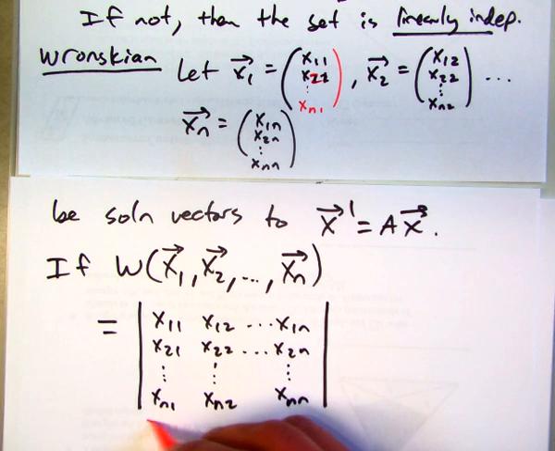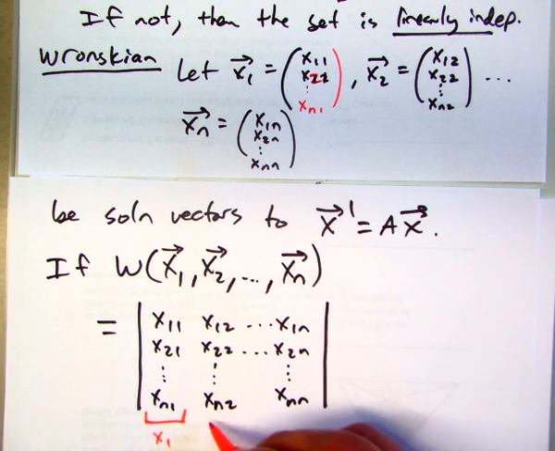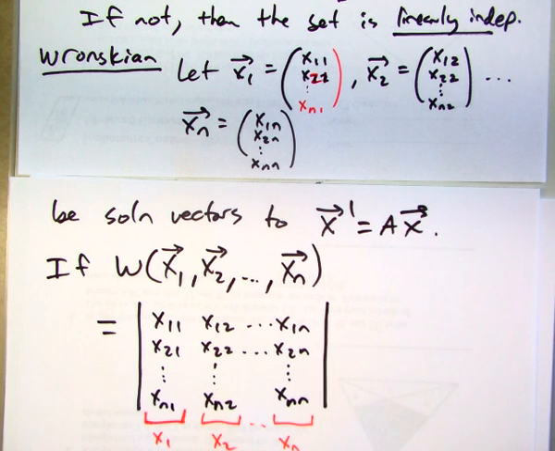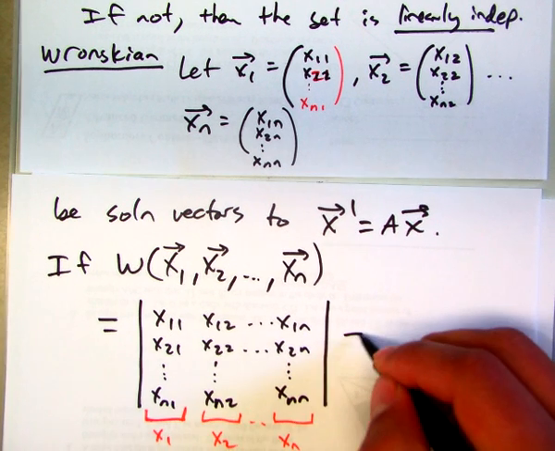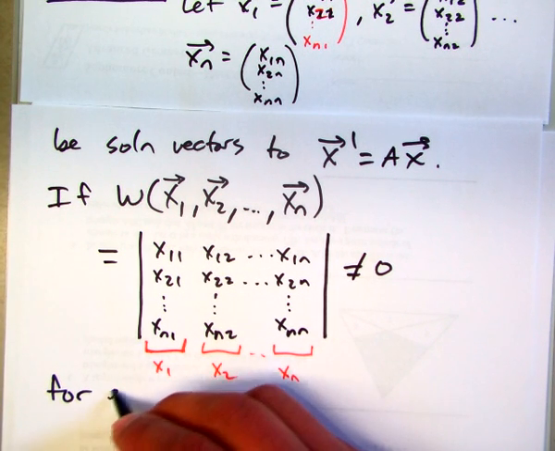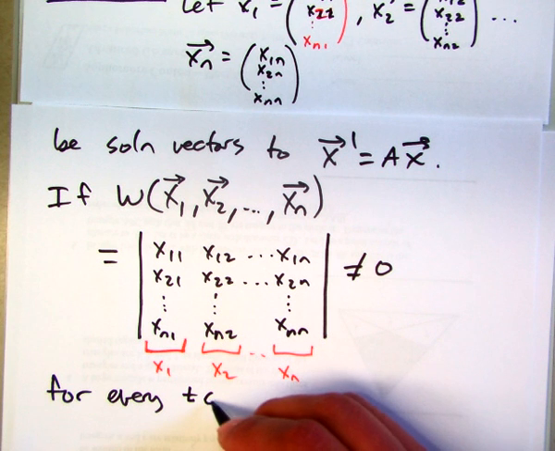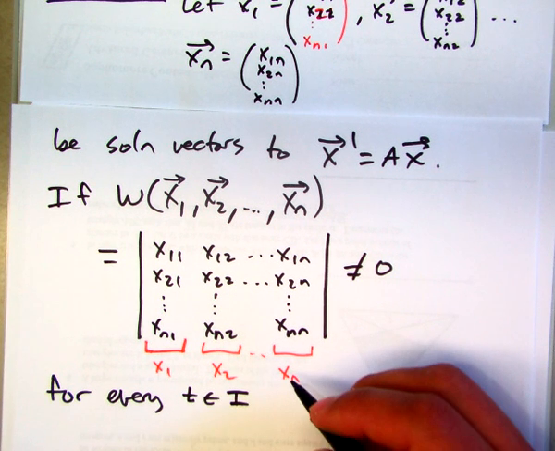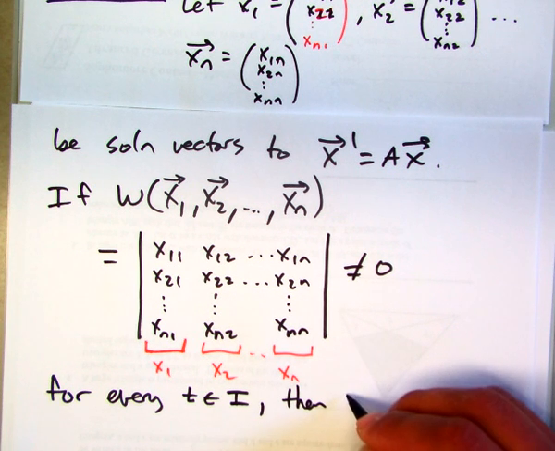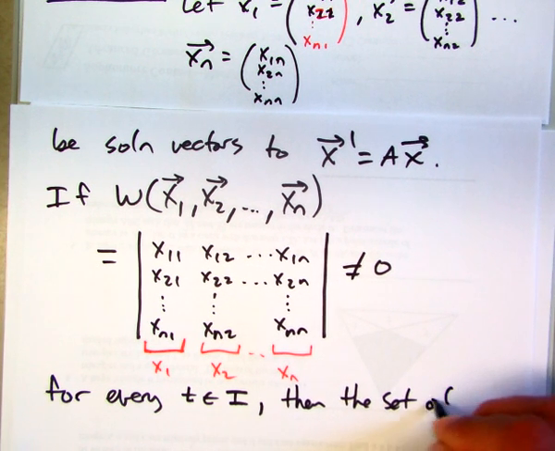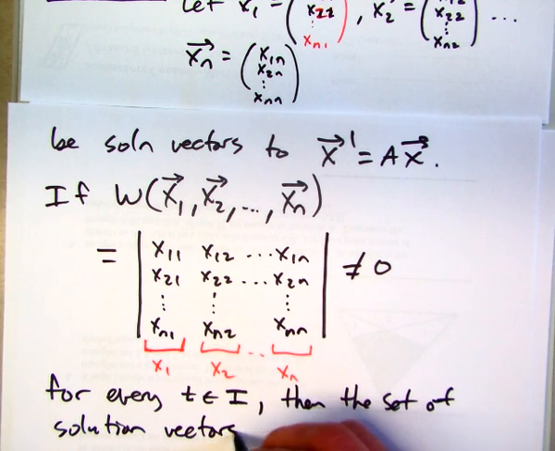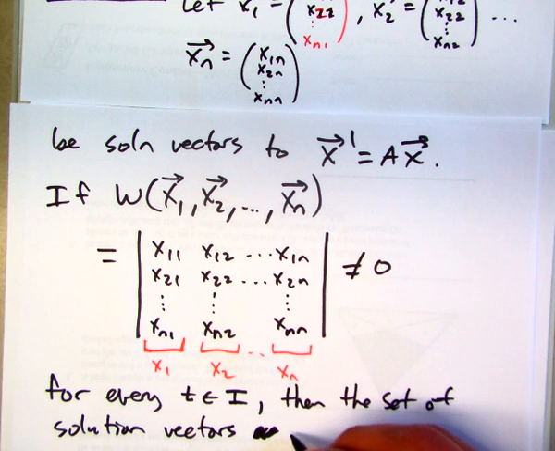So this whole thing here is x1, this whole thing here is x2. You get the idea. If the determinant does not equal 0 for every value in the interval, then the set of solution vectors is linearly independent.